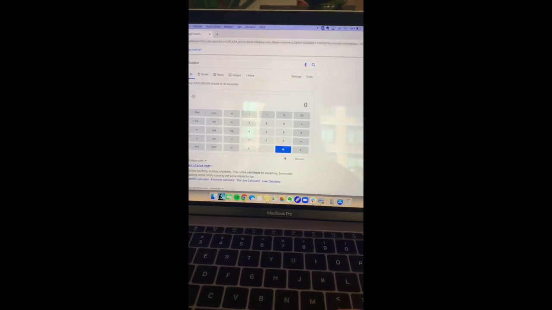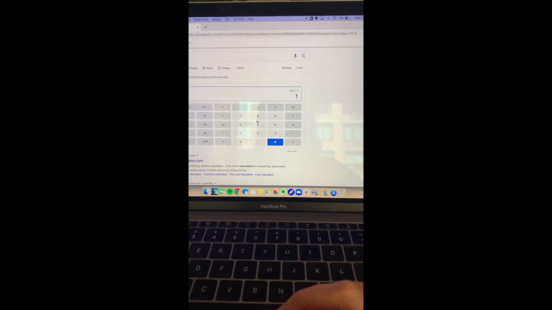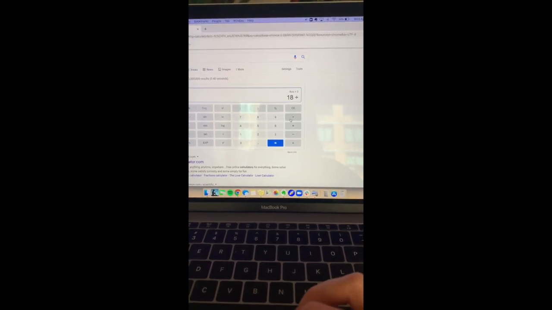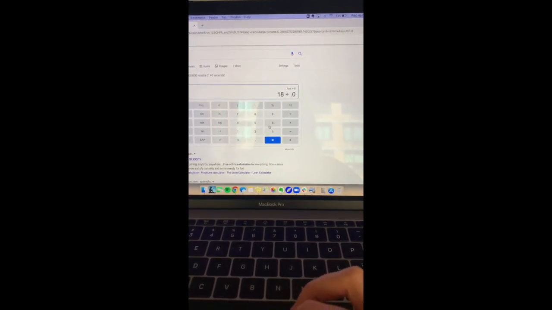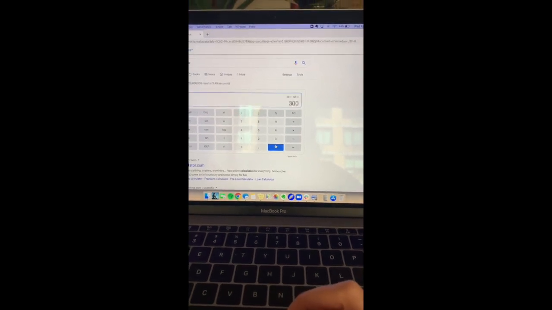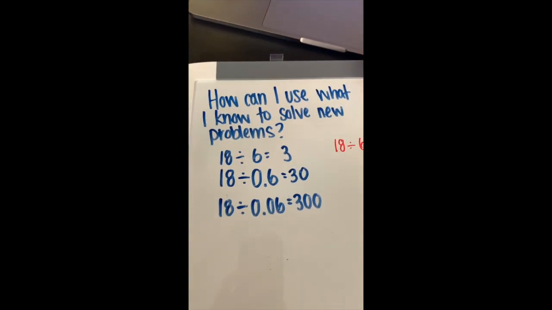Okay, let me just check to see if my prediction was correct. Is 18 divided by 6 hundredths equal to 300? Yes. This pattern I noticed is working. Did you guys see that same pattern that I saw? It's interesting. You ready for a new one?